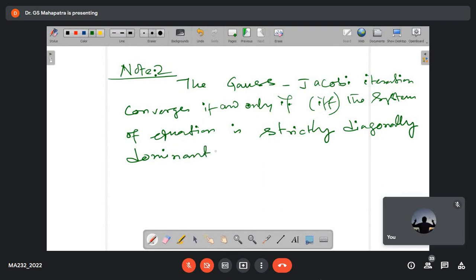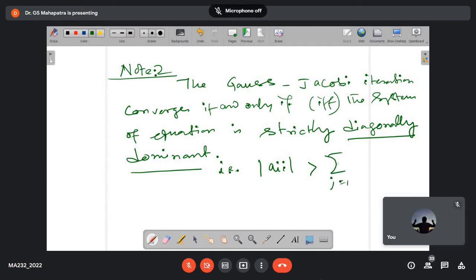You have already studied this one, no? What is the meaning of diagonally dominant? What is the notation? We have already discussed, correct? |a_ii| compared with the sum over j equals 1 to n of |a_ij|, where i not equal to j. That means a11 should not be there, or a22 should not be there in the right hand side.